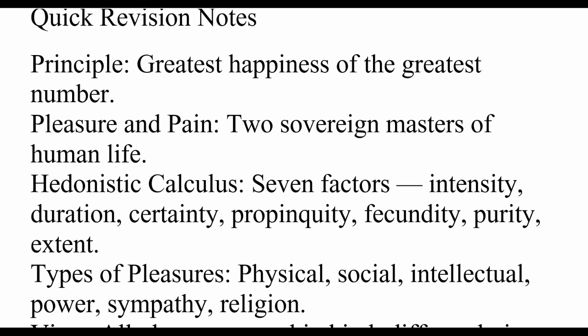The principle is based on the greatest happiness of the greatest number. Pleasure and pain are the two sovereign masters of human life. Hedonistic calculus includes seven factors: intensity, duration, certainty, propinquity, fecundity, purity, and extent.